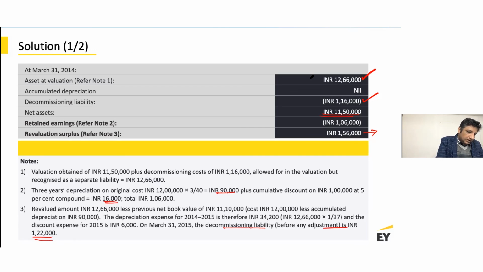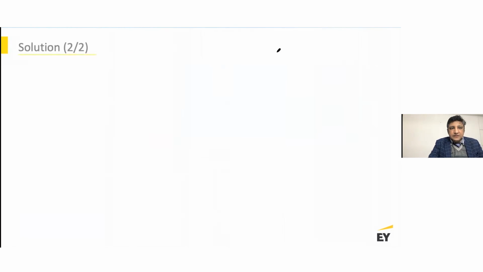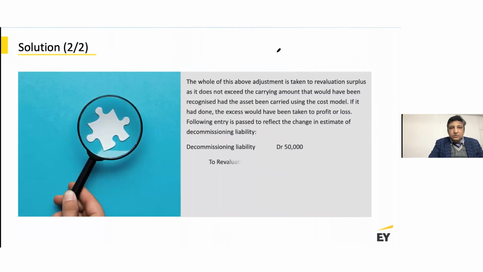On this 1266, my next year's depreciation will be on the remaining 37 years, which is calculated at an approximate figure of 34,200. Of course, the further information suggests that the whole of the adjustment is taken through the revaluation surplus because it would not exceed the carrying amount.